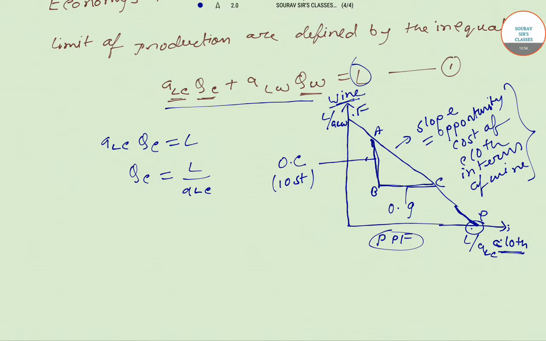The PPF is straight line because there is only one factor of production. So we need to understand why the PPF is straight line. Because there is only one factor of production, which is labor.